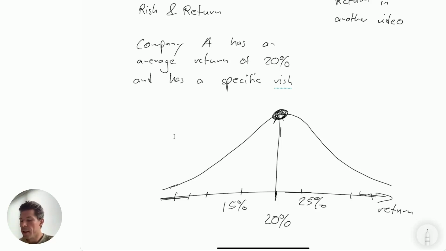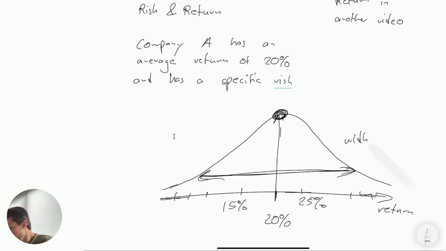And when we talk about risk in finance, we talk about this one: the width of a normal distribution.